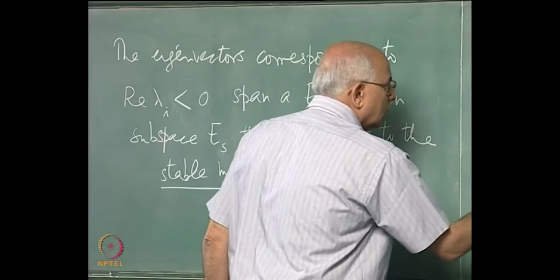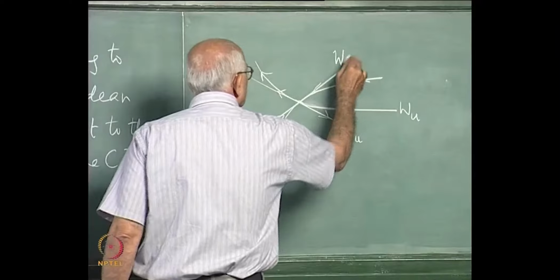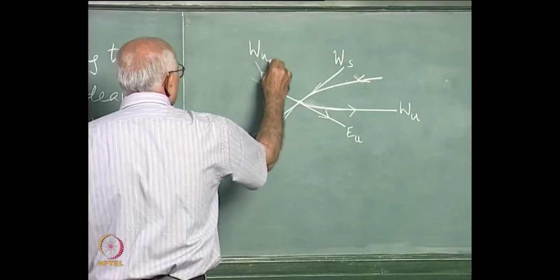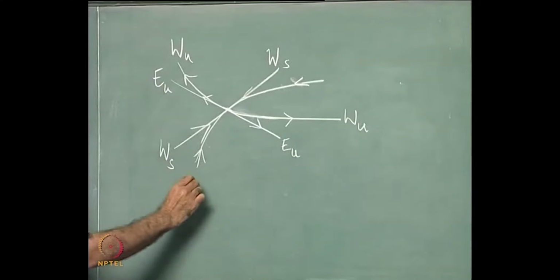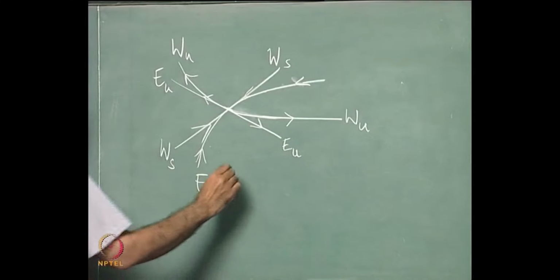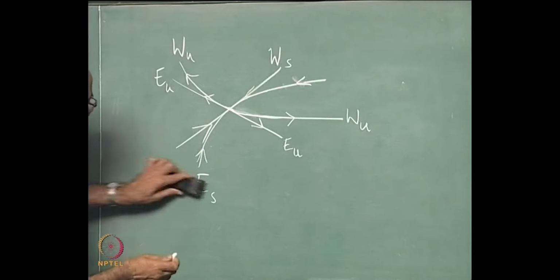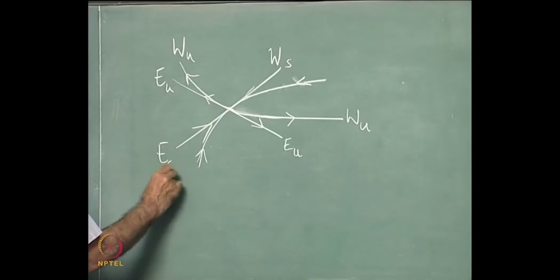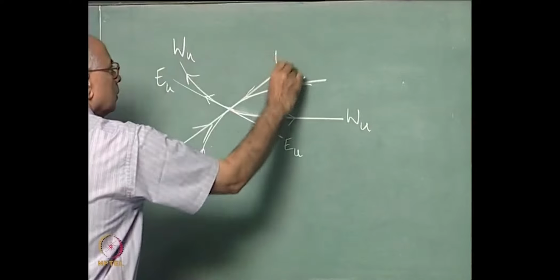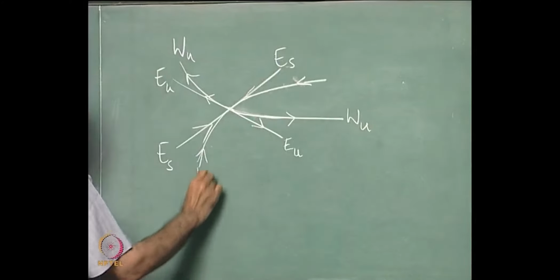So here is Ws, all this is Ws. On the other hand, this is Es. I am sorry, it is the other way about, this is Es. This is Ws.